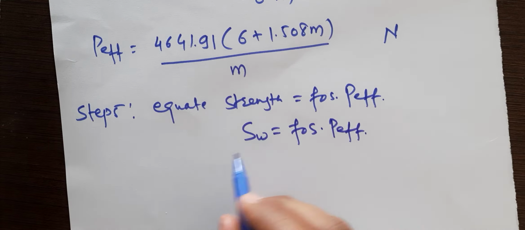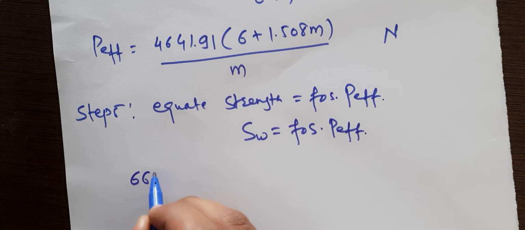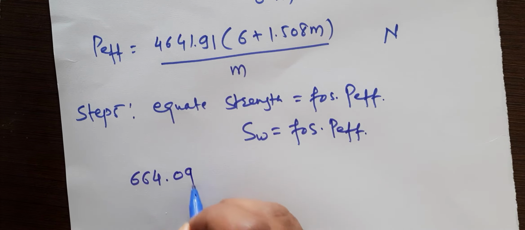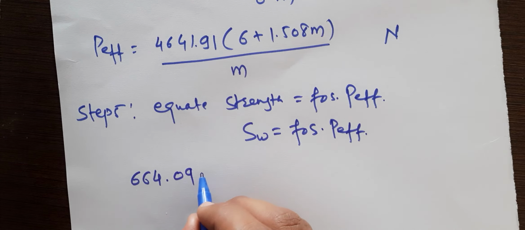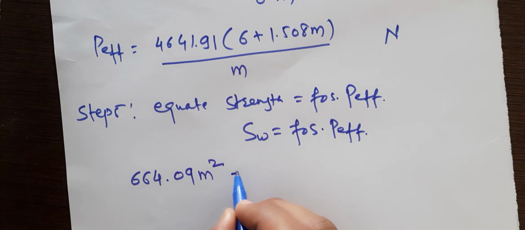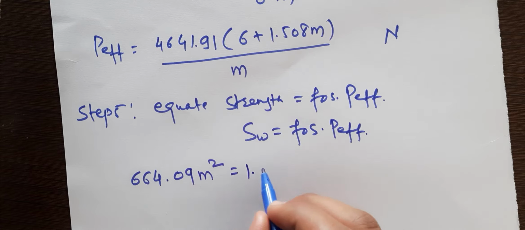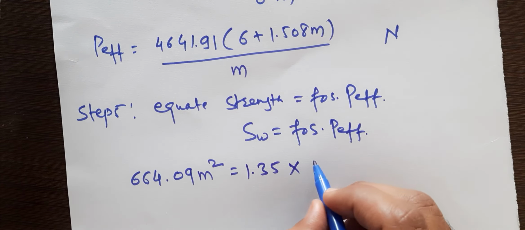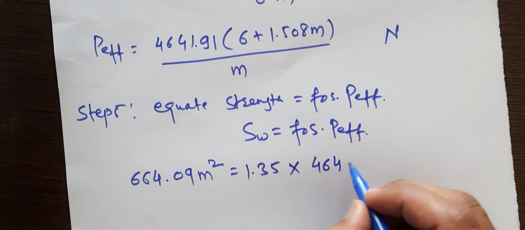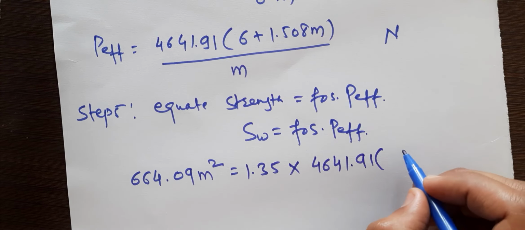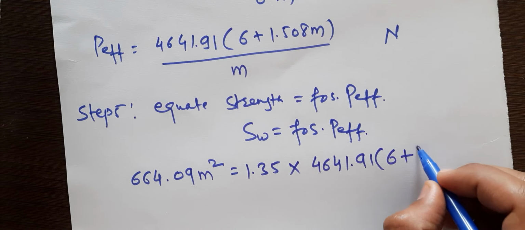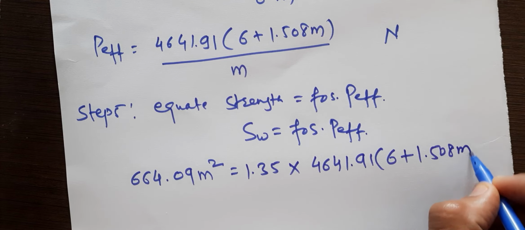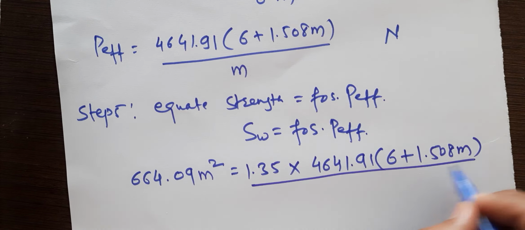Wear strength we have calculated as 664.09 module square, is equal to, now factor of safety is given 1.35, into P effective we just calculated, 4641.91 into bracket 6 plus 1.508 module divided by module.